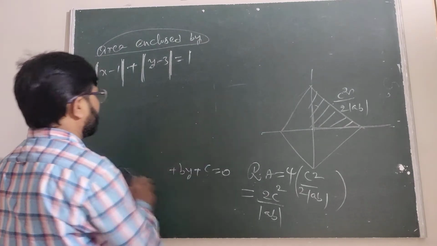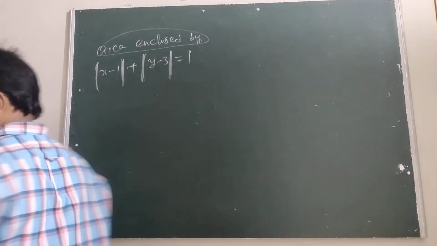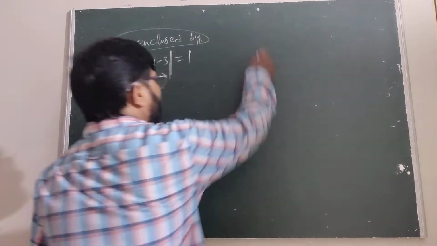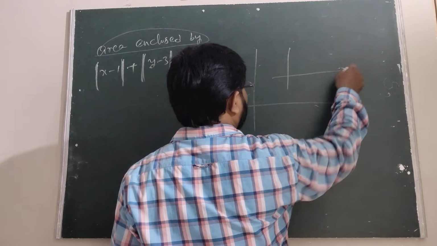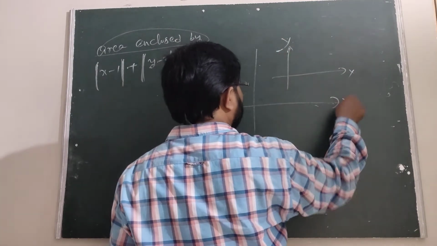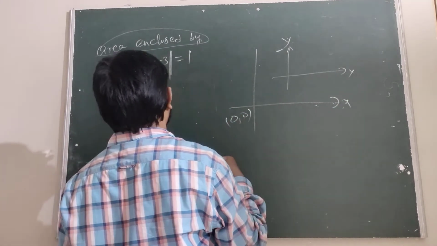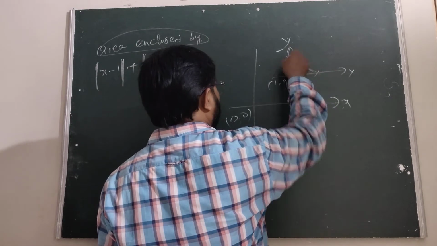Now consider modulus of x minus 1 plus modulus of y minus 3 equals 1. All of you listen here, the origin is shifted to the point (1, 3). This is capital X, capital Y, and this is small x, small y. This is the transformed equation.